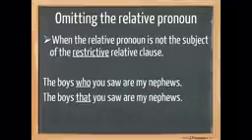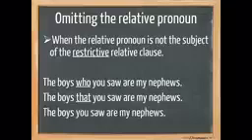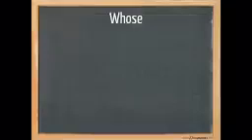The boys that you saw are my nephews. Again, you is the subject of the relative clause, so we could also say the boys you saw are my nephews. So here we can leave the relative pronoun out because it's not the subject of the restrictive relative clause.